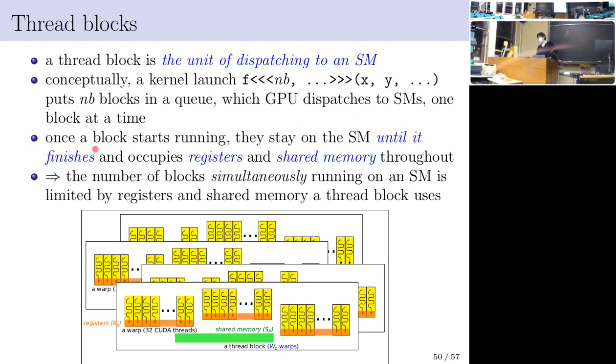And the other thing is, once a particular thread block starts running on one streaming multiprocessor, it stays on that streaming multiprocessor until it finishes. And meanwhile, it occupies registers and shared memory, the resources you need to compute, throughout the entire lifetime of a particular thread block, from the beginning to the end.